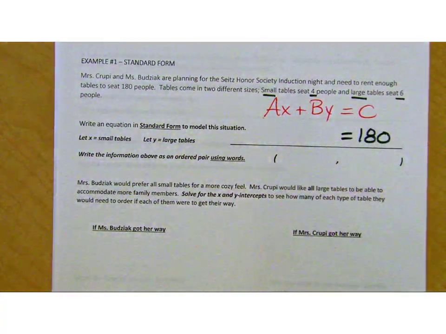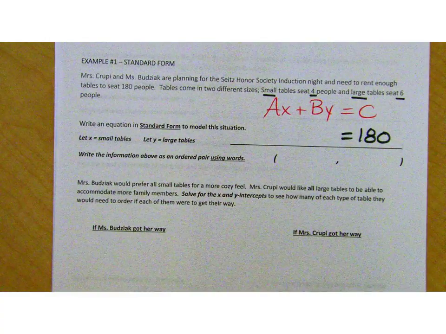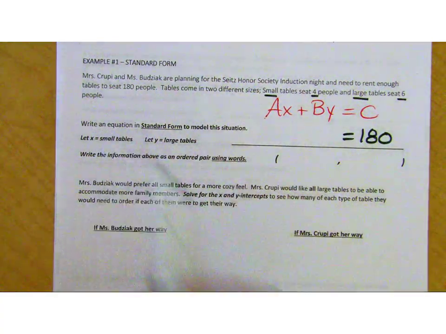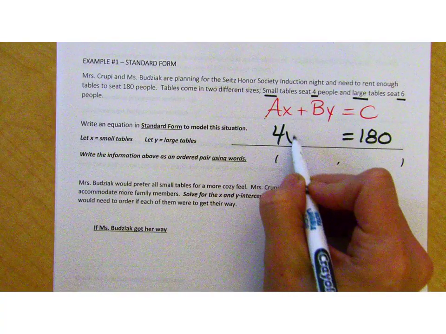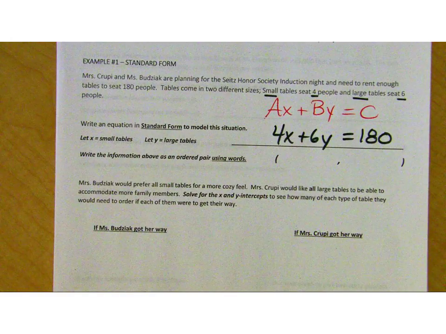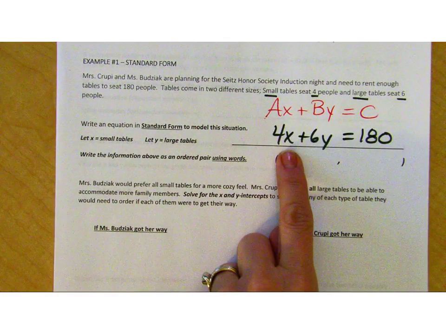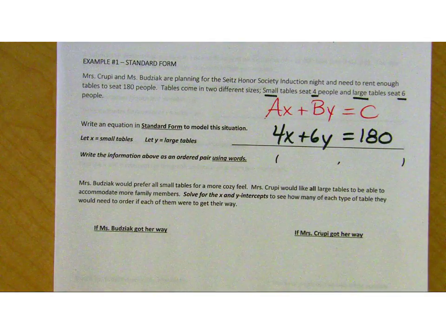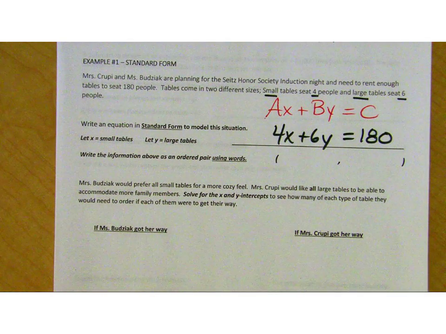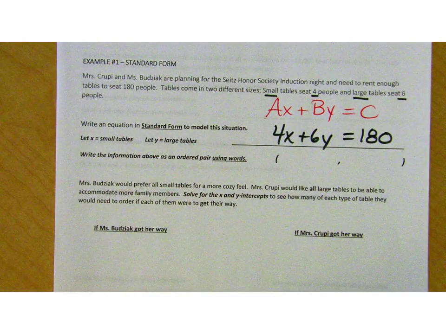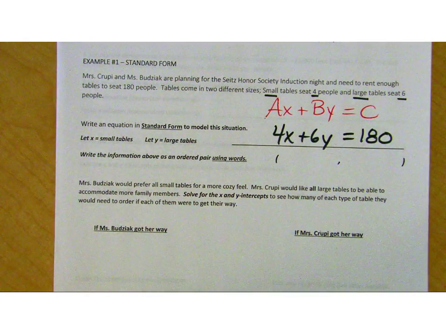Okay, with me? So what would my equation look like over here? Just take a stab at it. Yeah, Jacob. 4x + 6y. Yep. So if I take the number of small tables and multiply it by 4, and the number of large tables times 6, this is the equation that Miss Krupe and Miss Budziak would use to figure out how many tables they need to order.